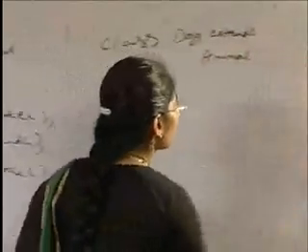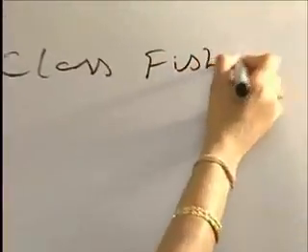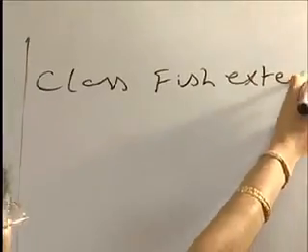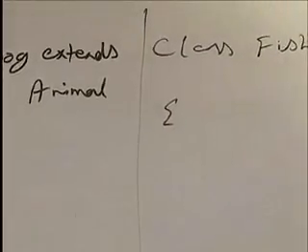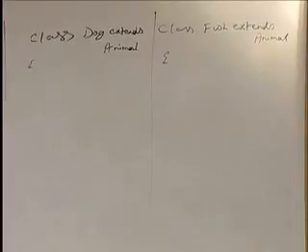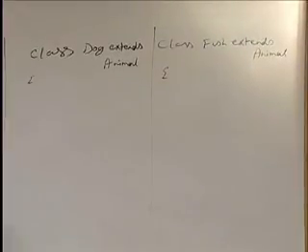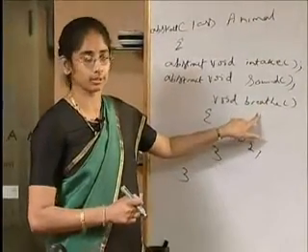Similarly, you can have class fish extends animal. So these classes are going to inherit all the members of the parent class. When they inherit, they are inheriting 2 abstract members and 1 non-abstract member.